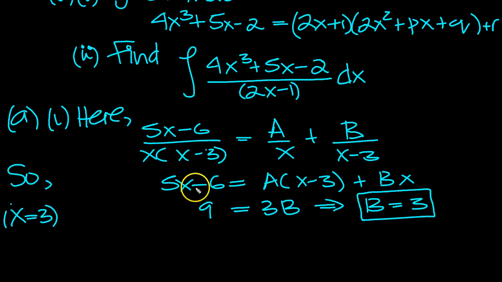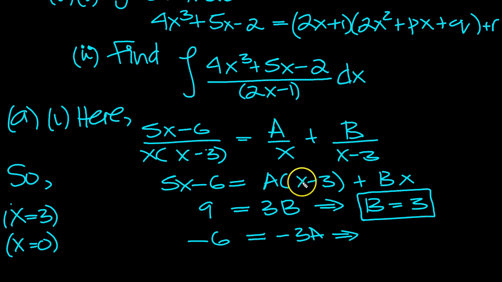Okay, and then we put in x is 0, or just equate constants, basically. We get minus 6 is equal to minus 3a. From this bracket, x is 0 here, that thing is 0. So moving the minus 3 underneath, 6 over 3 is 2, and the minuses cancel.